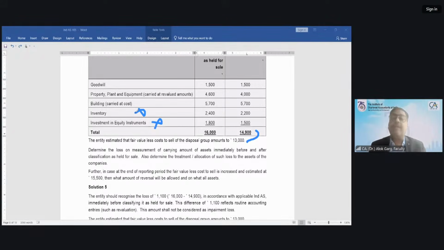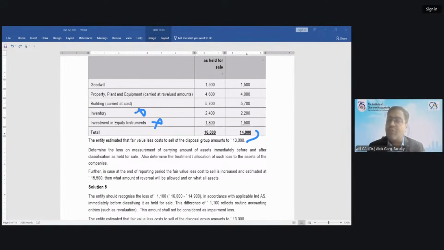Provided if any asset is already at fair value, you cannot allocate further impairment loss on that asset. For example, a financial instrument. It is already at fair value, at market value. So if a financial instrument is a part of a disposal group, you cannot allocate further impairment loss on that financial instrument. Why? It is already at fair value.